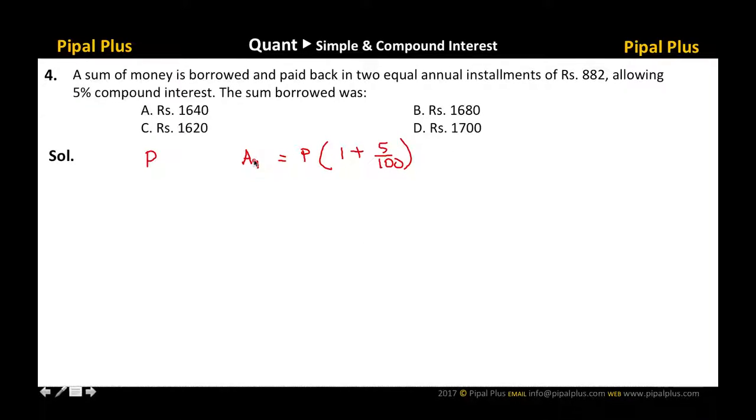You would remember that the amount formula in case of simple interest is amount at the end of n years equals principal times 1 plus n into R%. Now here n is 1 because what we are interested in is the amount at the end of 1 year. So this is 1 into 5 upon 100. So this is 1 upon 20, and 1 plus 1 by 20 is 21 by 20.